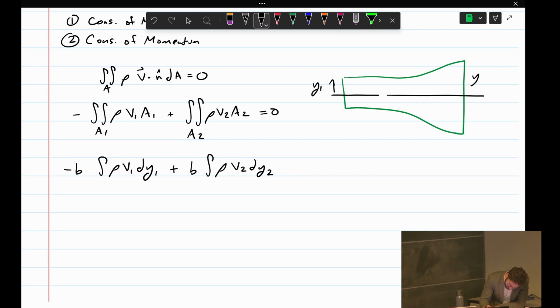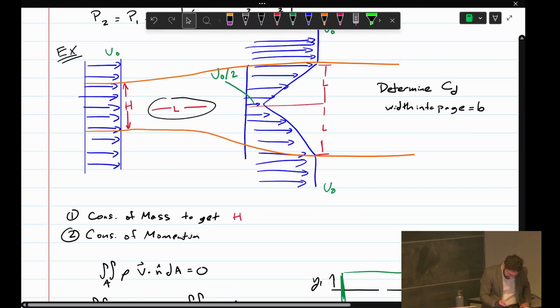Y1 is like this. Y2 is like this. So A1 is the whole area of this front face, and A2 is the area of this back face. The other thing I'm going to change is I'm going to say that this total length is 2h, and it will be clear why I do that in a second.